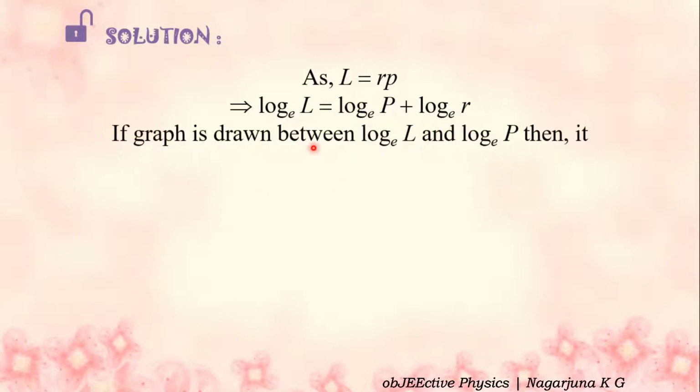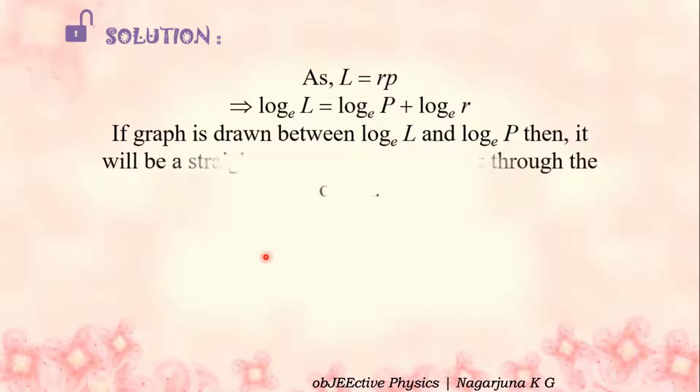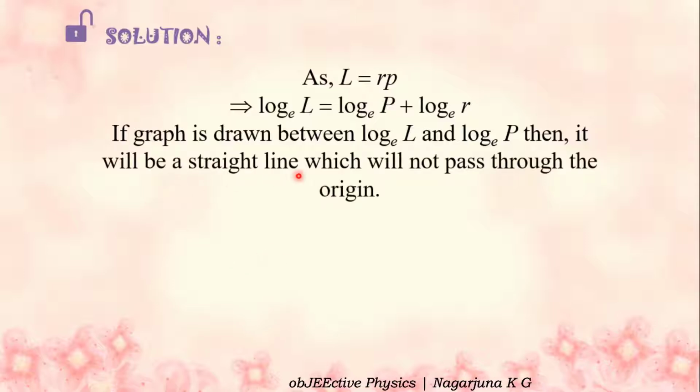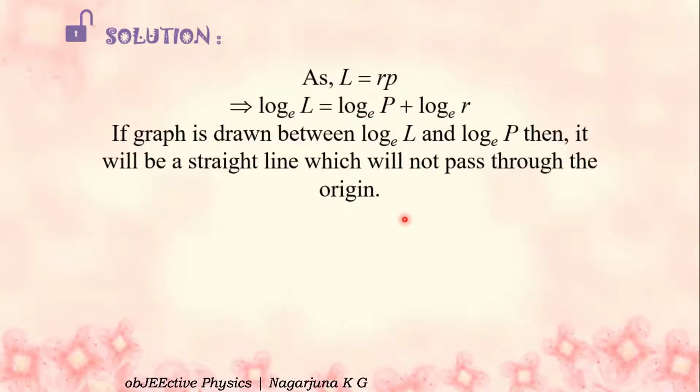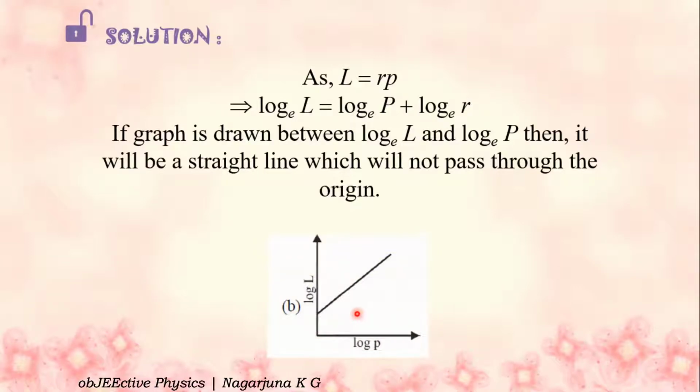If a graph is drawn between log L base e and log P base e, then it will be a straight line which will not pass through the origin, because this expression is similar to y is equal to mx plus c form. Therefore, a straight line but not passing through origin. Observe the options. So, option B is the right option.